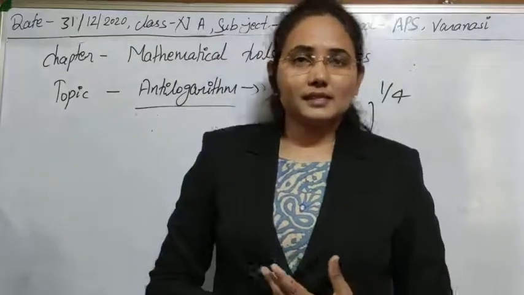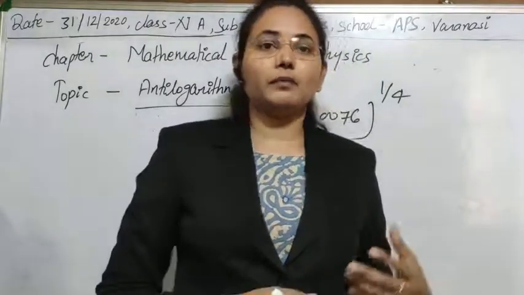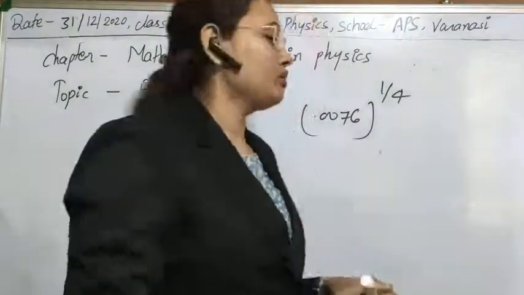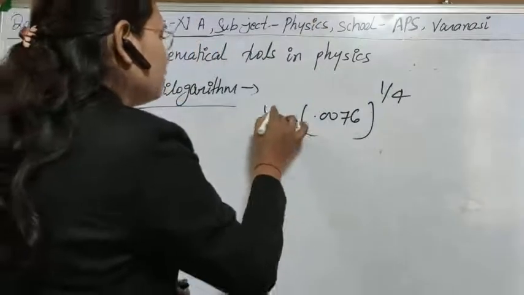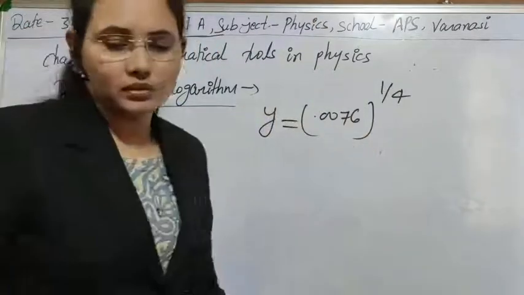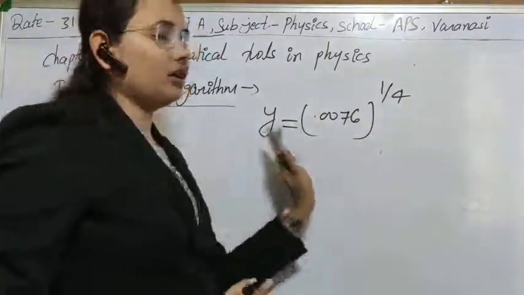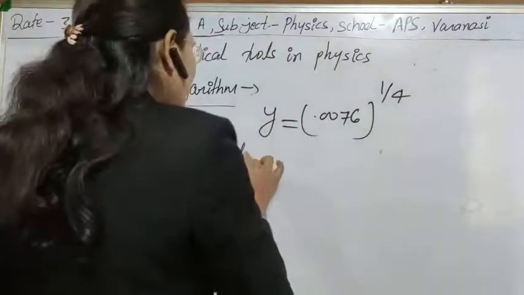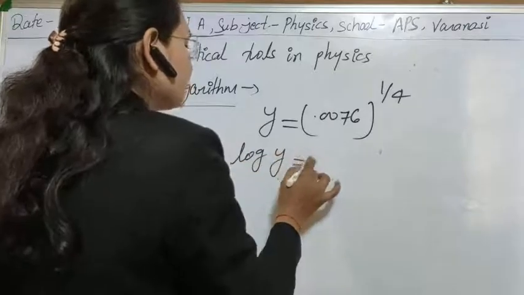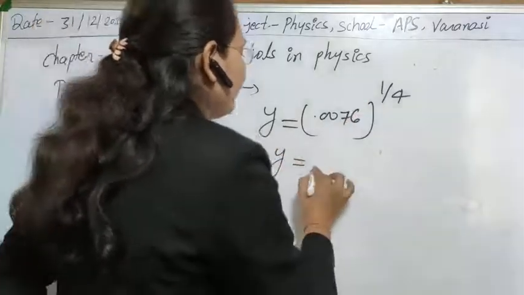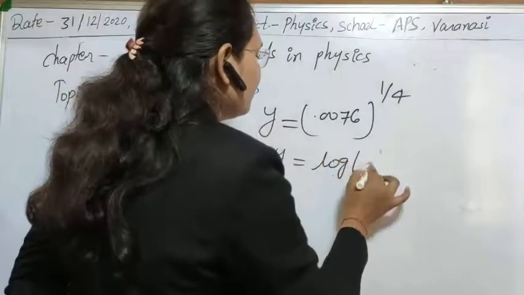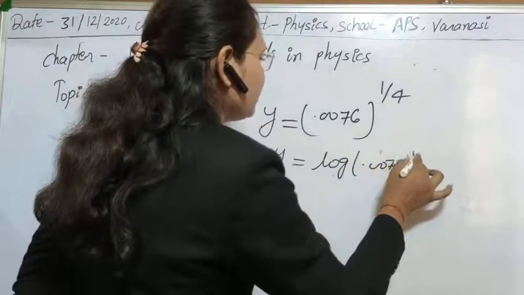In that section, log helps us a lot. So first of all let's put y equal to this quantity that we have. After that take the log on both sides. So if you take log on both sides, we will get log y and log of 0.0076 to the power 1/4.